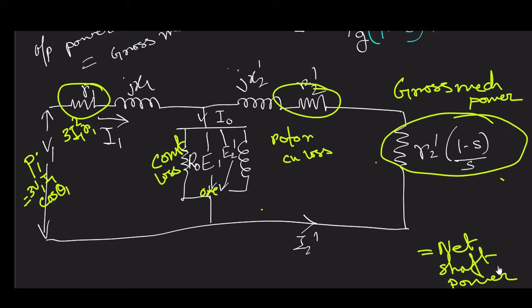The more S approaches zero, that is, the more the machine speeds up and reaches near synchronous speed, the core losses of the rotor will decrease.